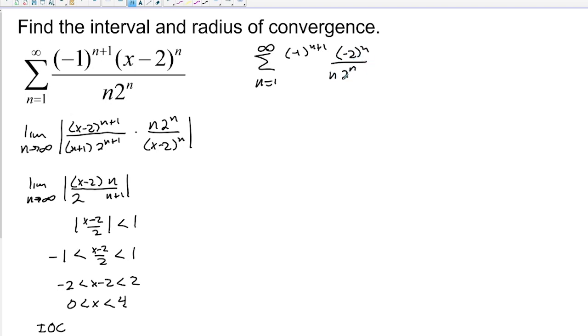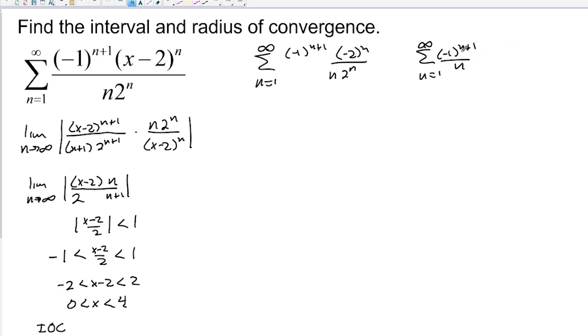Well, these are going to cancel out, but it's going to leave a negative, which means this is still going to alternate, except when n is 1, this will be positive, but then that negative will make it negative. So it'll alternate, but it'll start with a negative. This becomes the sum from n equals 1 to infinity of negative 1 to the n plus 1 over n.